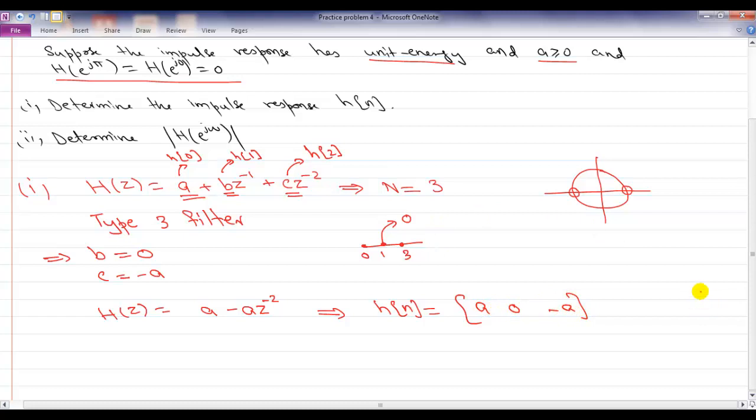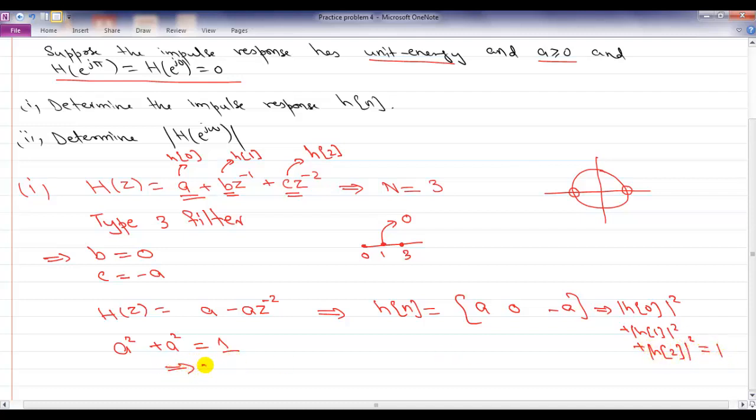We still haven't figured out the complete impulse response. We need to find the value of A, and what we are told is the impulse response has unit energy, which means that A squared plus A squared equals 1. So the energy of this means that h[0] squared plus h[1] squared plus h[2] squared is equal to 1.